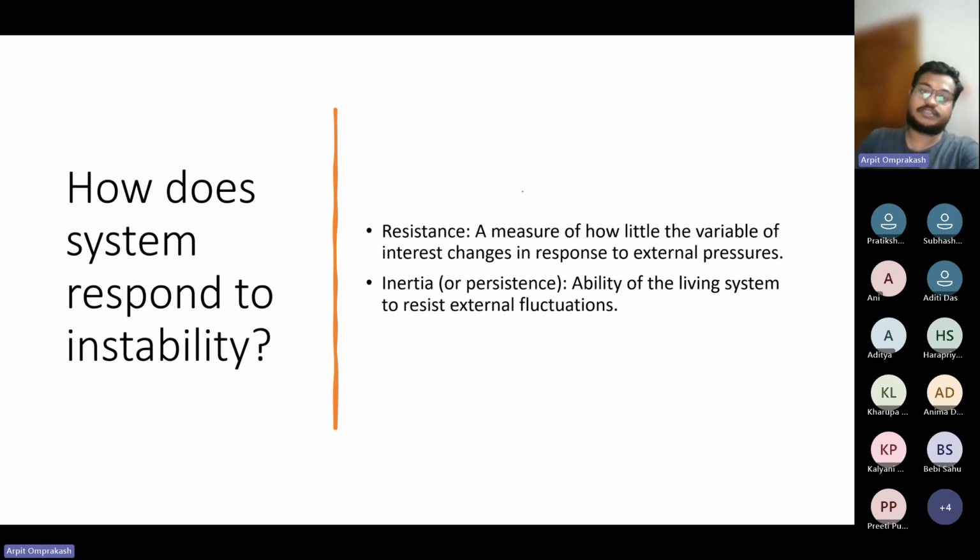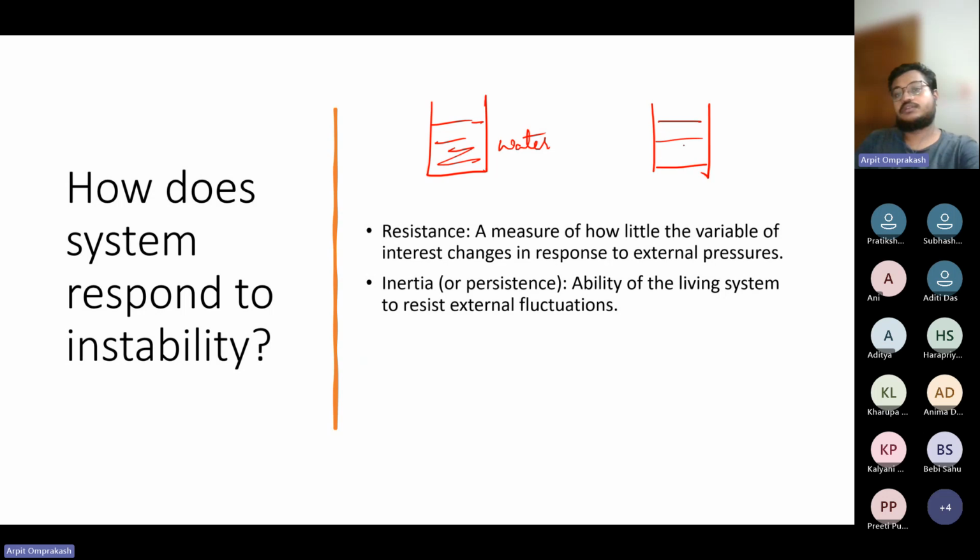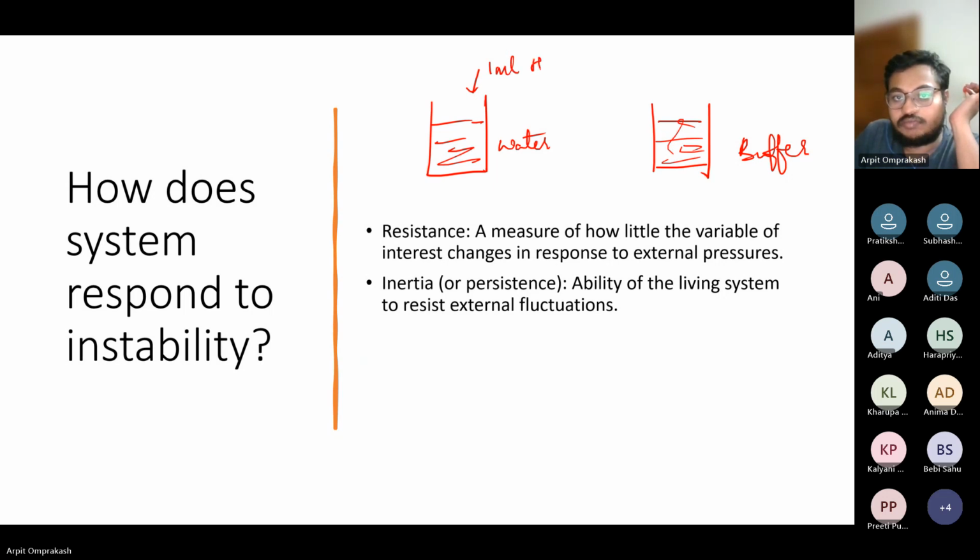So for example, we have two beakers, and this one has water, and this one has some buffer. Let's say we add 1 ml of H2SO4 to it, and again, we add 1 ml of H2SO4 to it. Here initially, let's say the pH was 7.